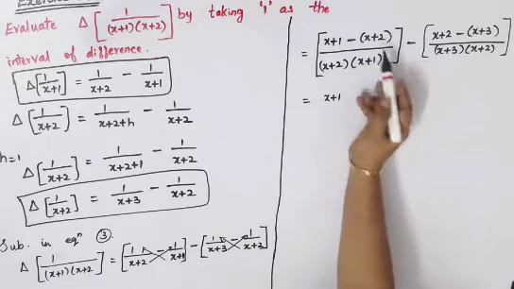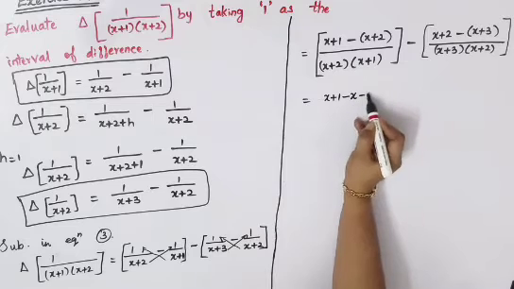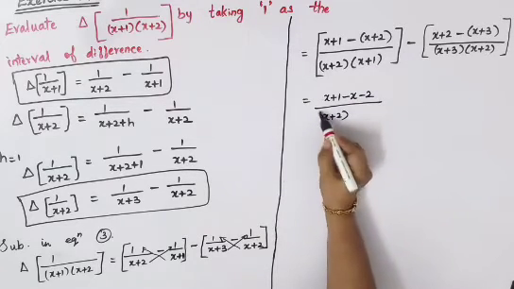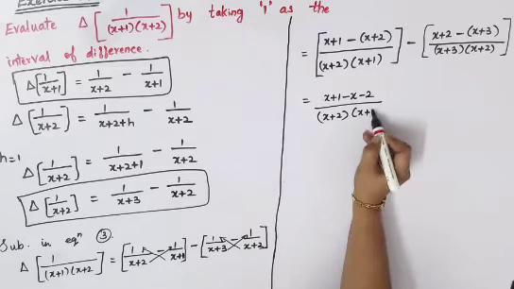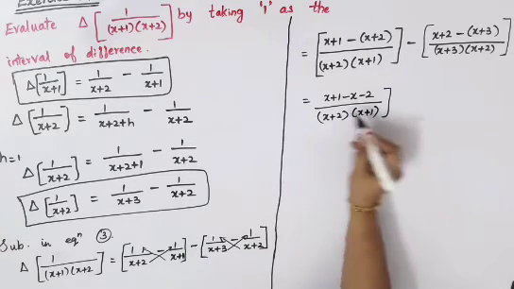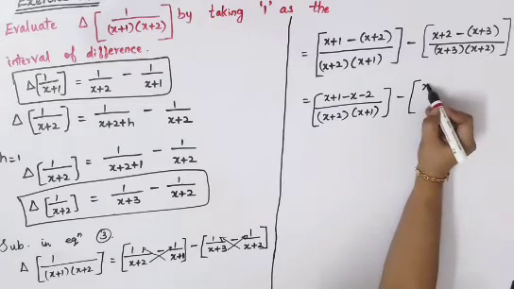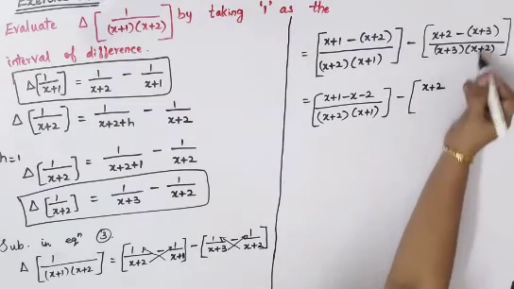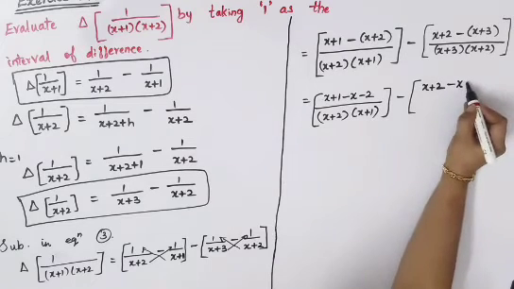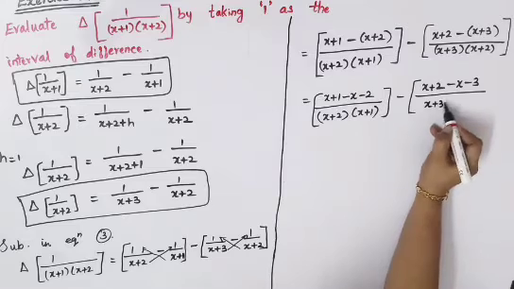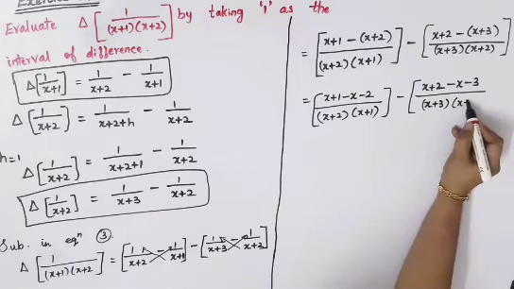Just multiply this minus inside, so it will become minus x minus 2 divided by (x plus 2) into (x plus 1), minus, again x plus 2 will be there as it is, multiply this minus inside, so minus x minus 3 divided by (x plus 3) into (x plus 2).